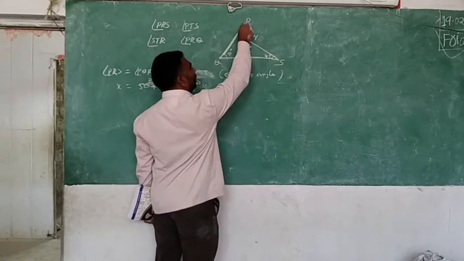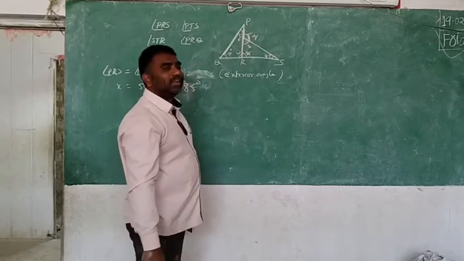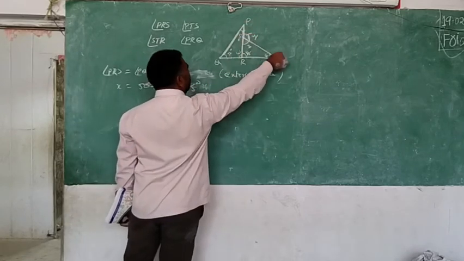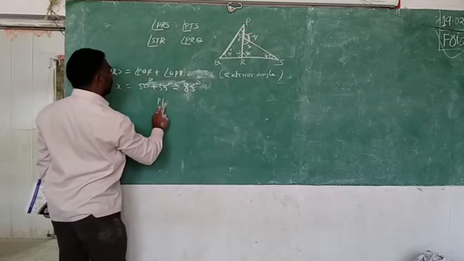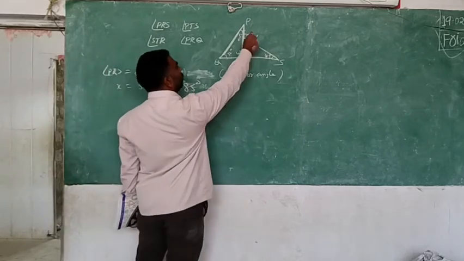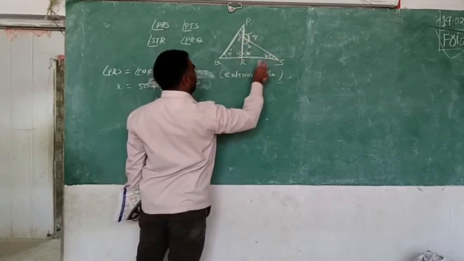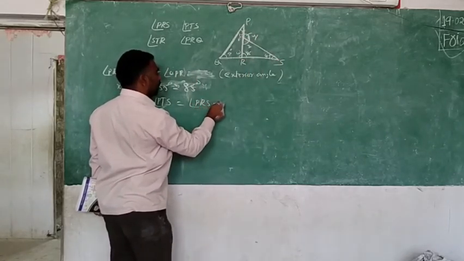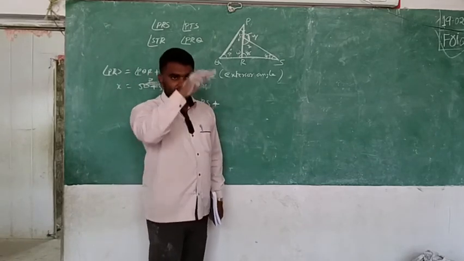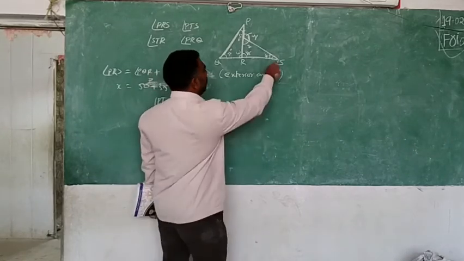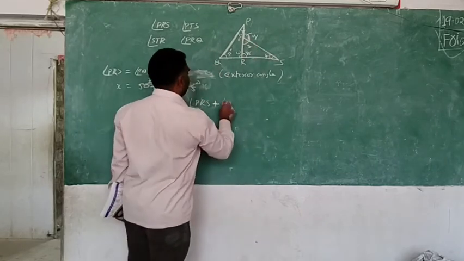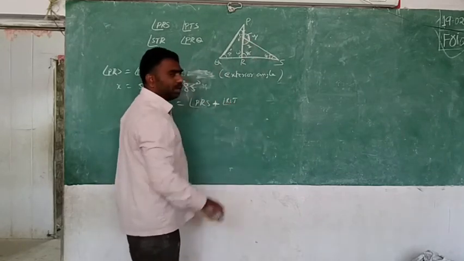Then we can find it now. Same method. What is the property?